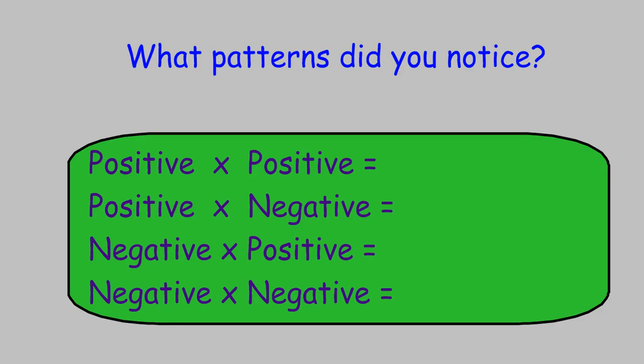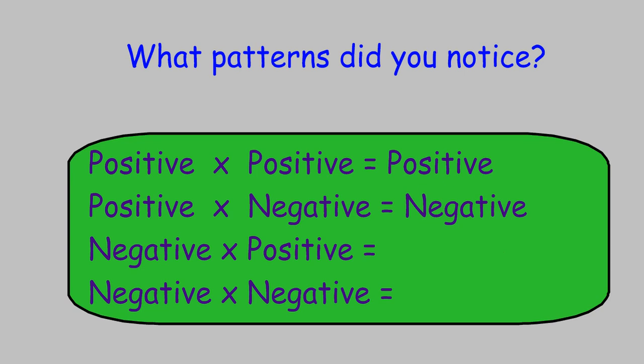Moving on. Now, I want you to go ahead and take out your notes and record some notes here. What patterns did you notice? When you had a positive times a positive, you got, that's right, a positive. How about when you multiplied a positive times a negative? Okay, yes, you got a negative value.